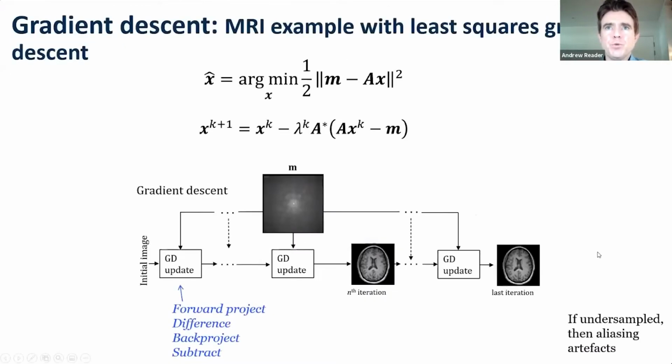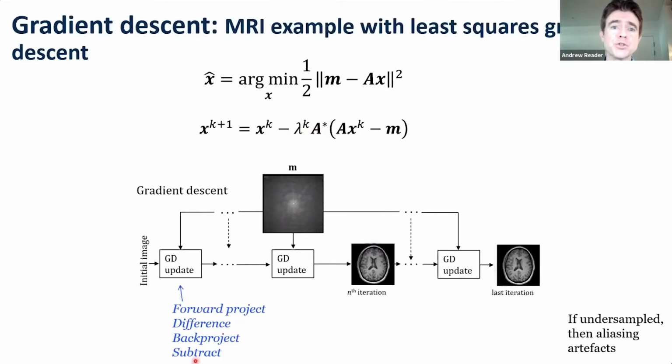Okay, so this is what it would look like in general for MR, for example, if we're just trying to go about minimizing this least squares objective function. I've just shown you that it's given by this gradient-based update, and this is called gradient descent. So we've got some initial image, we plug it into the gradient descent update, which if you remember is forward project, A xk, that's the forward project, difference, that's the prediction minus the measured data, back project, that's the adjoint or the conjugate transpose of the system model.